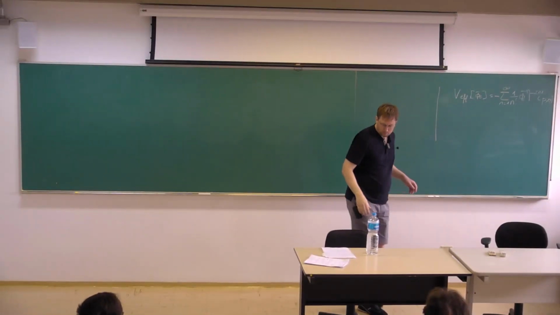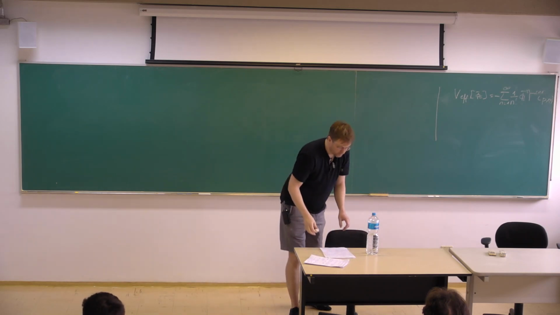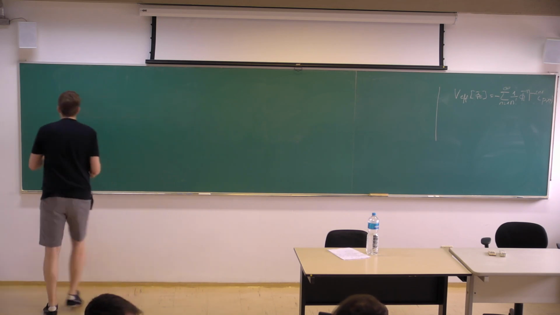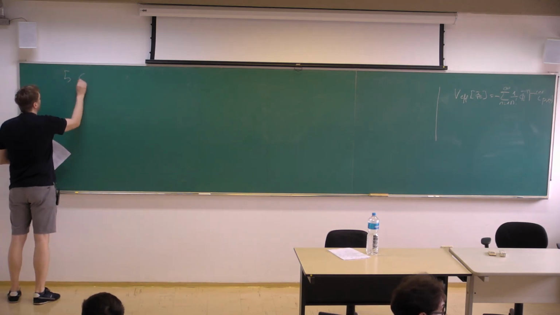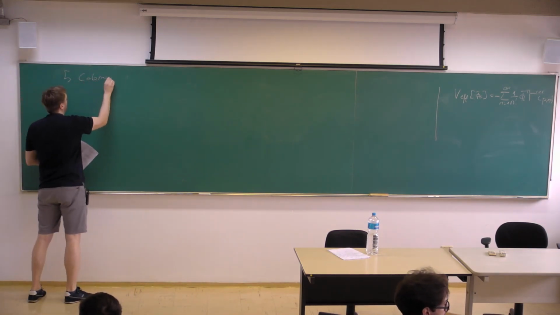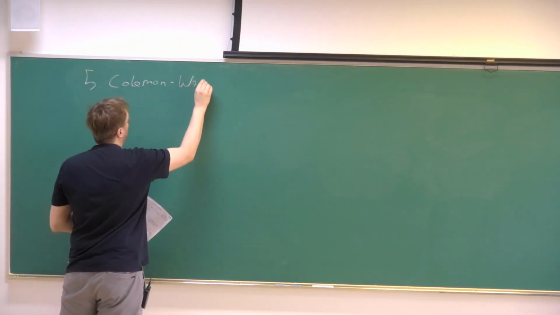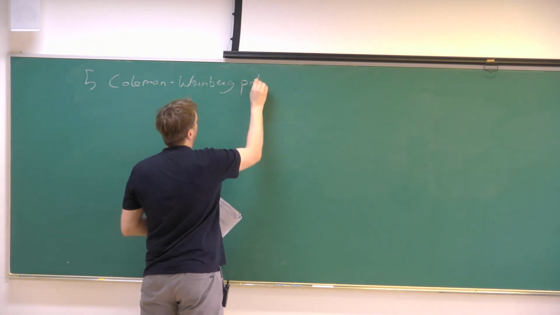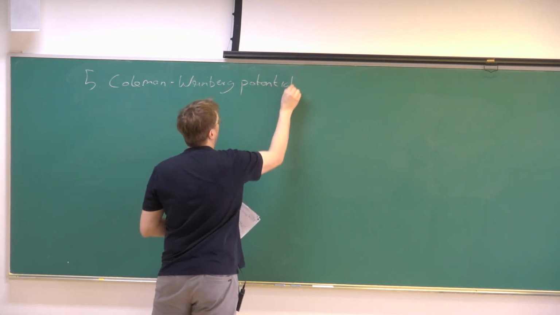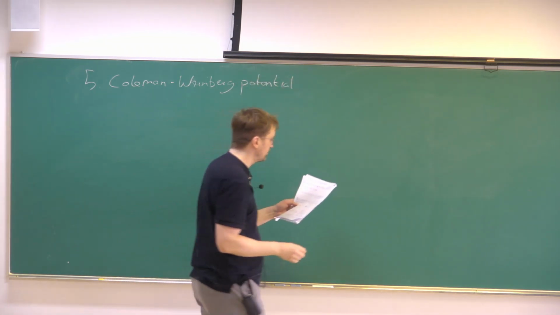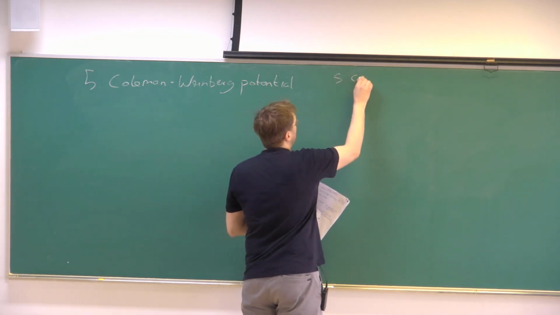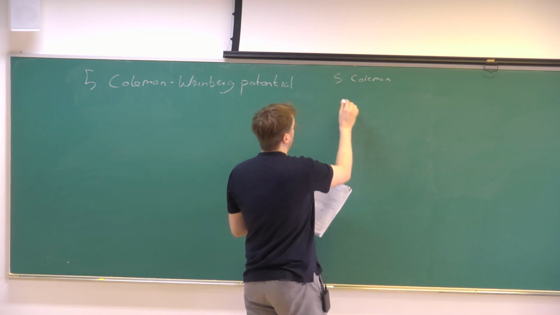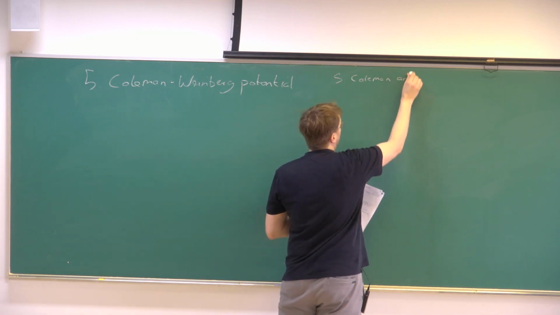Okay, and now we're going to use this formula to work out what is usually called the Coleman-Weinberg potential. And I'll give you the reference here. The paper is quite old, but still very readable.